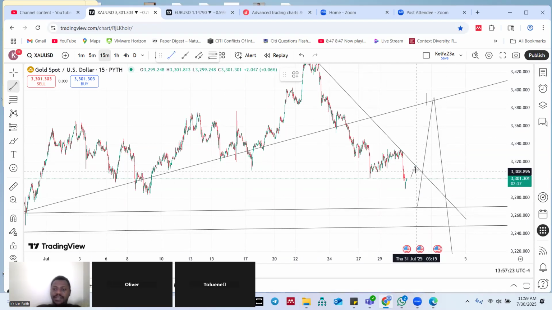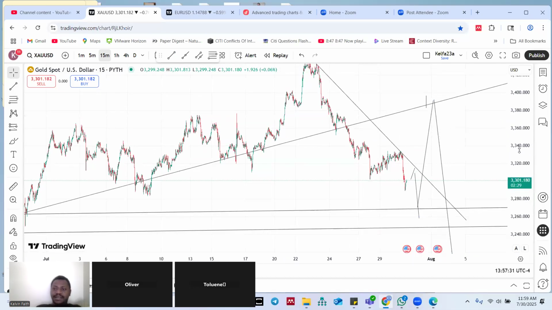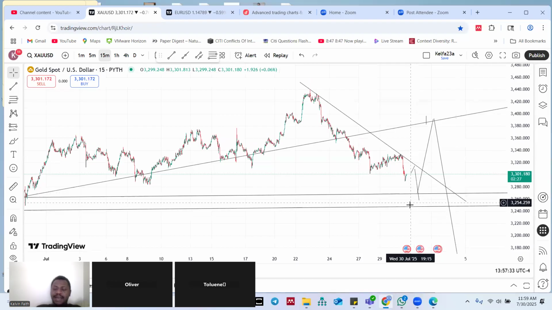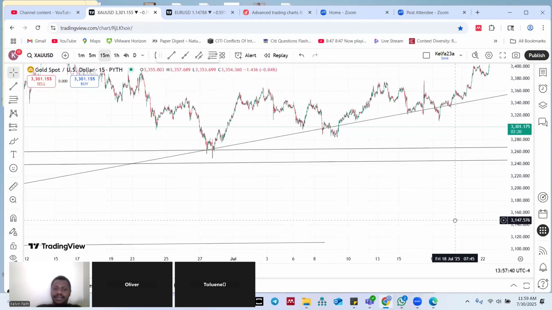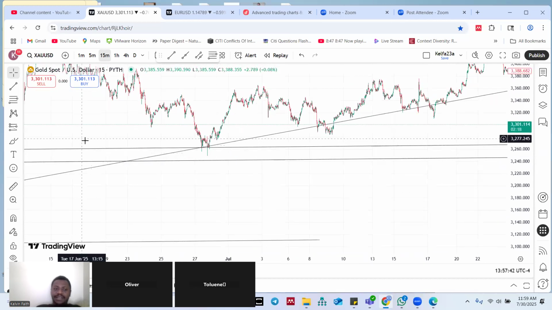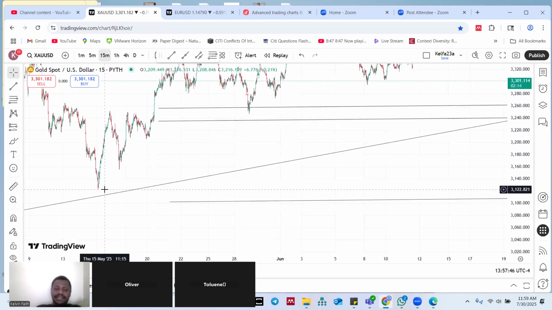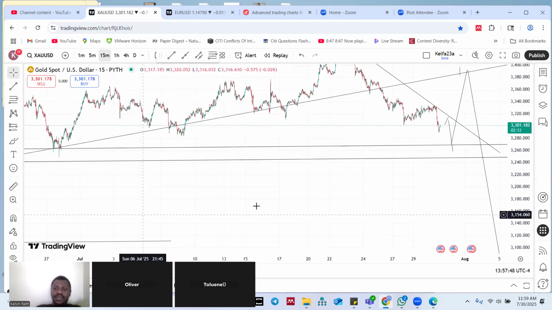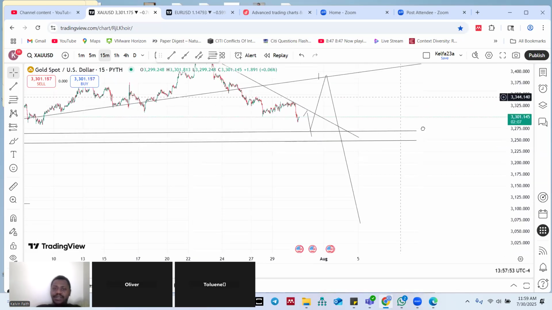This is 15 minutes, and probably trade into this support area and then manipulate everybody to the upside. And then after that, distribute to the downside, invalidate this support zone that we see here and target this swing low on gold. So this is my thinking on gold.